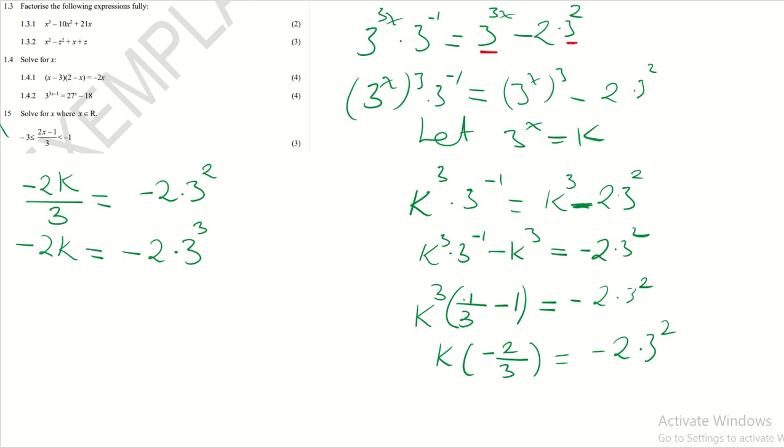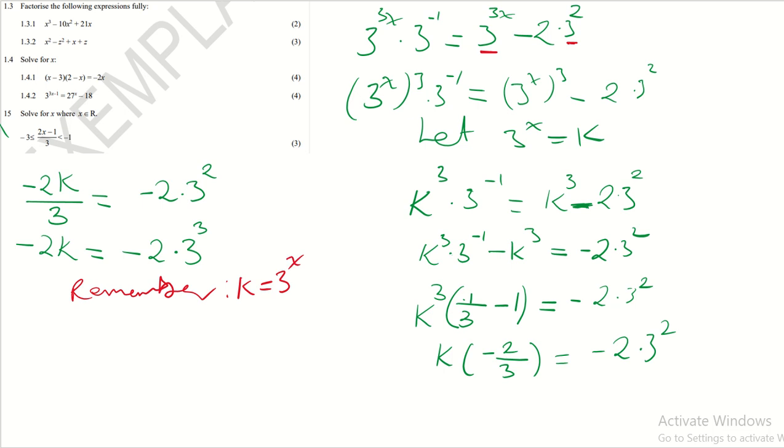From this step, I am not going to continue. Remember, a is equal to 3 to the power x.